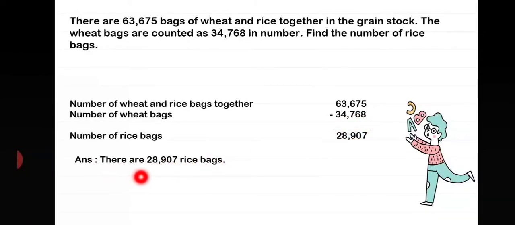There are 28,907 rice bags in the grain stock. Whenever you get a question like this, kindly read the question twice and then write the statement. Once you have read the question, you would have already identified what kind of operation you are going to use. Then write the statements accordingly and you can find the answer. The statements are the most important part of a story sum.